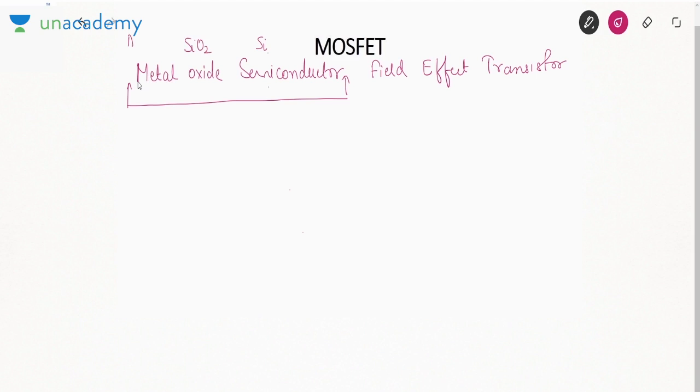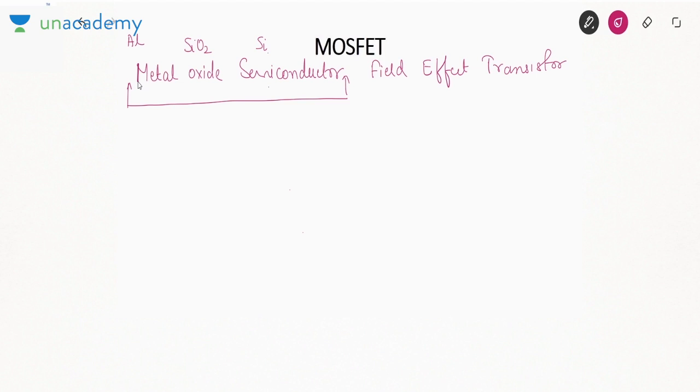This metal is most of the times aluminium, or sometimes we can also use polysilicon. Polysilicon is nothing but a polymer of silicon which behaves as a conductor, and it has better bonding properties with silicon as compared to aluminium. That is, polysilicon can bind with silicon in a much better way than aluminium can.